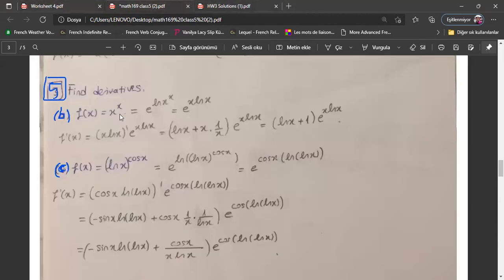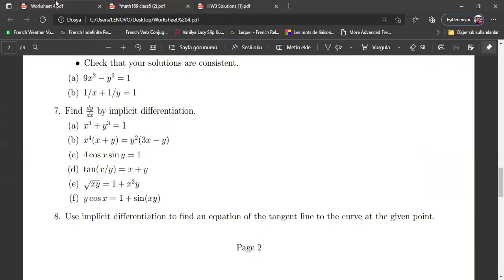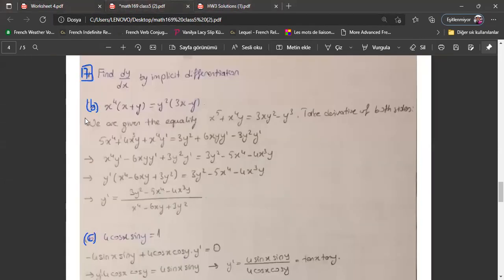Now 7. We will find the implicit differentiation only, dy over dx. All right, part B, we're given this equality first. We take derivatives of both sides with respect to x.